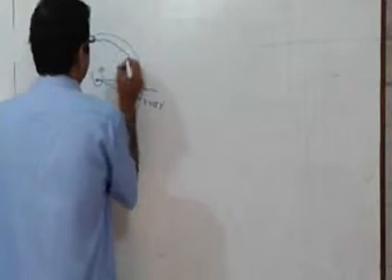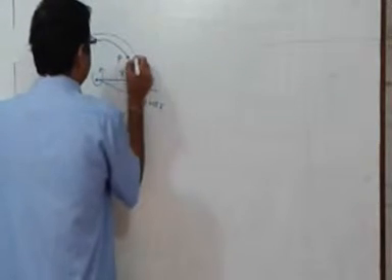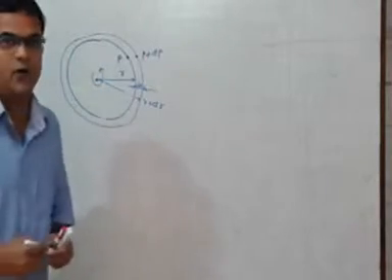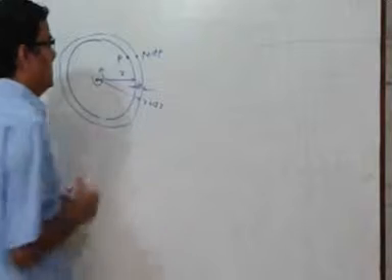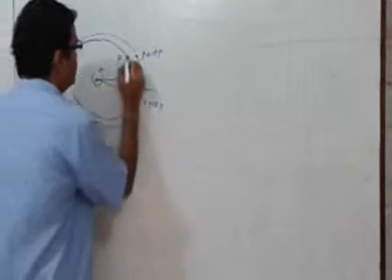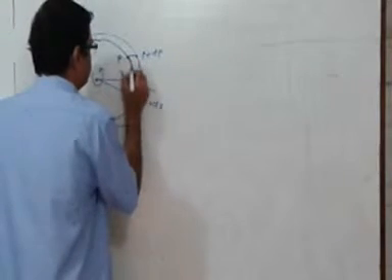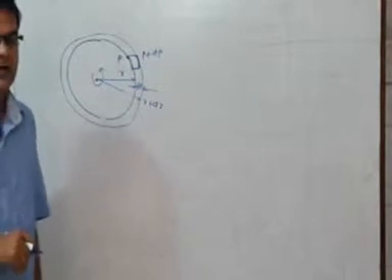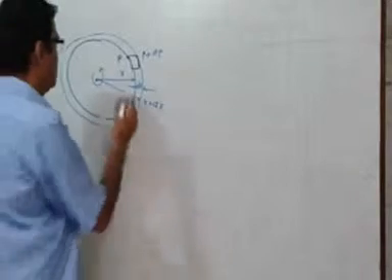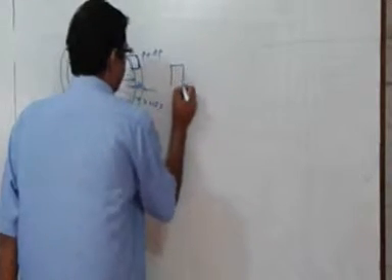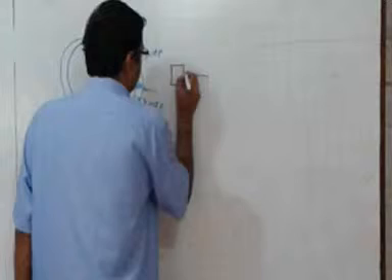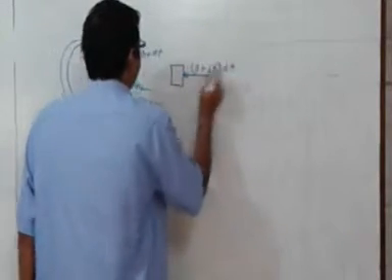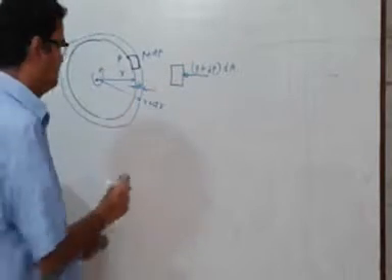So suppose the pressure at this point is P, the pressure at this point will be more, P plus dP, because the force will always be from high pressure to low pressure. If we consider a small element over here, then the force is obviously pressure into area. So if we consider a small element, again looking at it from the top, the force acting on this point will be P plus dP into dA, where dA is a differential area.